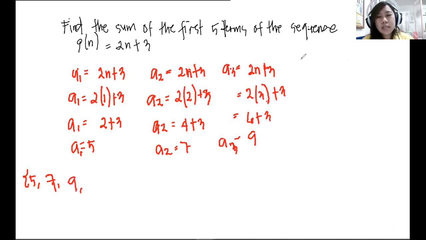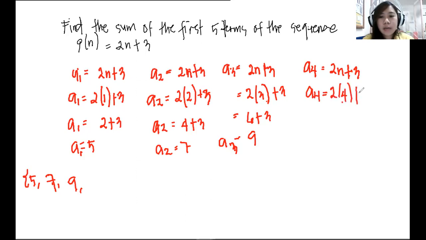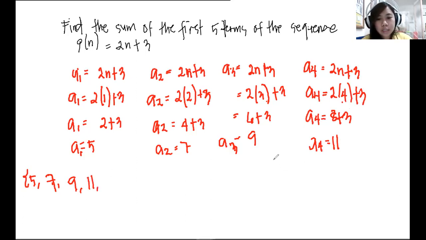Okay, so next is the fourth term, which is A sub 4 is equal to 2n plus 3. A sub 4 is equal to 2 times 4 plus 3. Okay, so A sub 4 is equal to 8 plus 3. Then A sub 4 is equal to 11. Next is A sub 5. So dito na lang po natin siya ilagay.